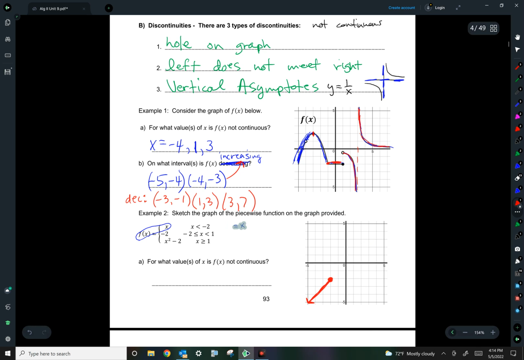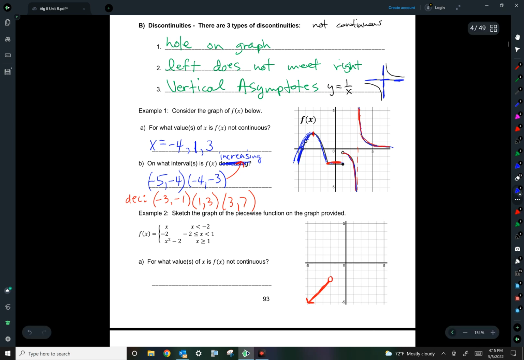Now, how do I know if that endpoint should be a solid dot or an open circle? Well, remember, you look right here, it says x is less than. Since there's no equal to, that means I want that to be an open circle. So there's this open circle right there. Okay, that's the first piece.